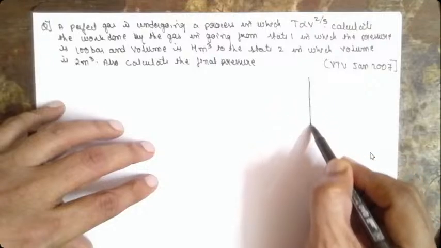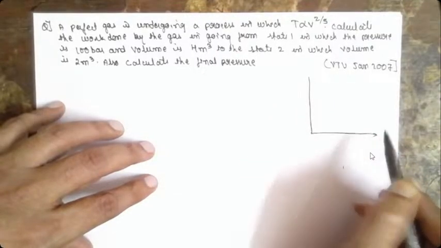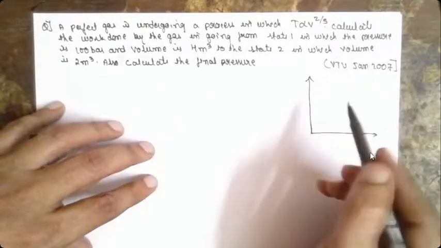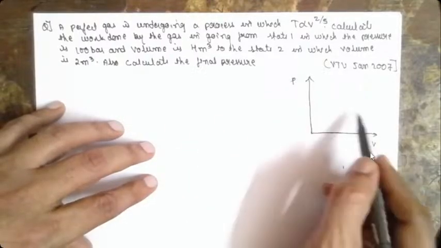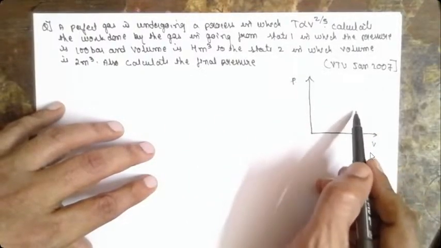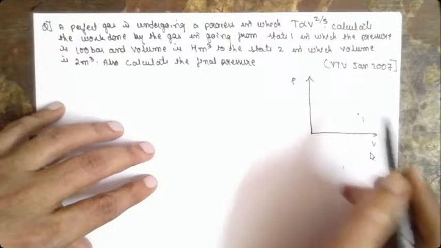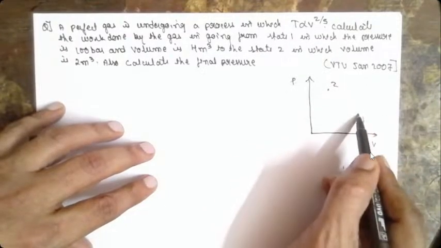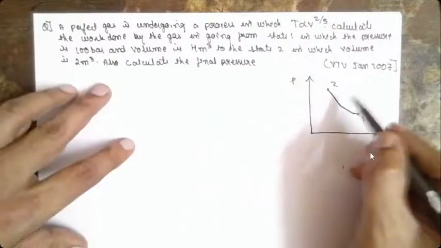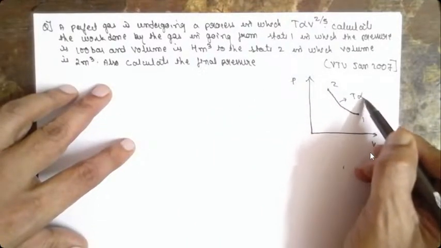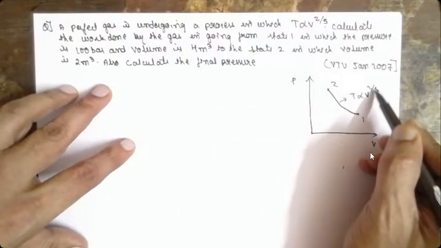This is the PV diagram with respect to the question explanation. PV, there are two states, state 1 and state 2. This is about T proportional to V raised to 2 by 5.